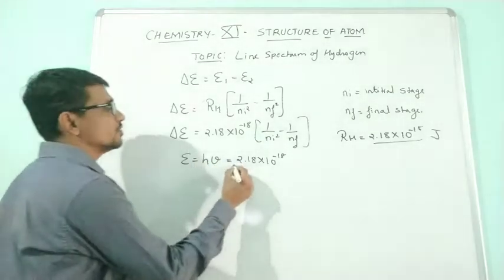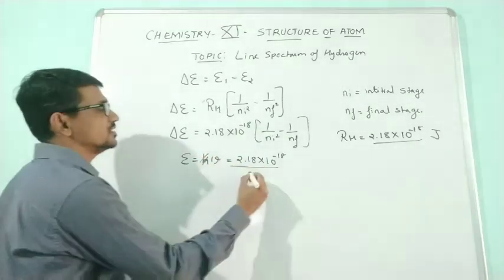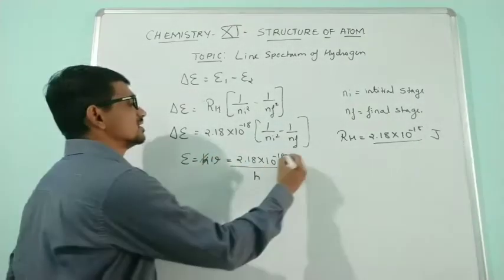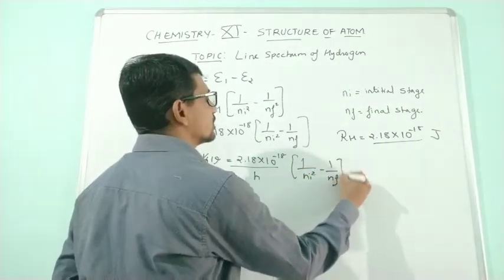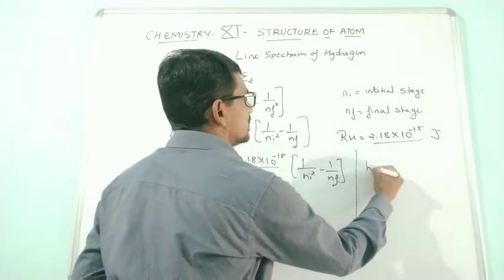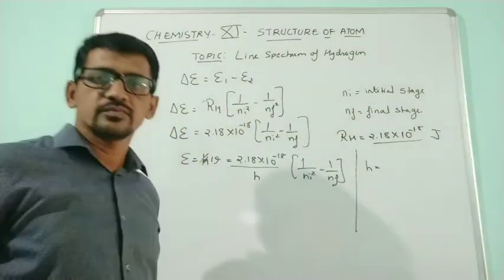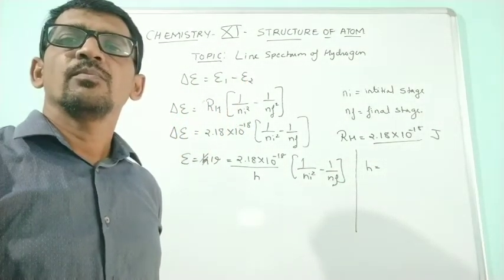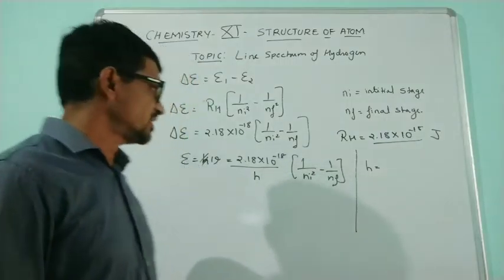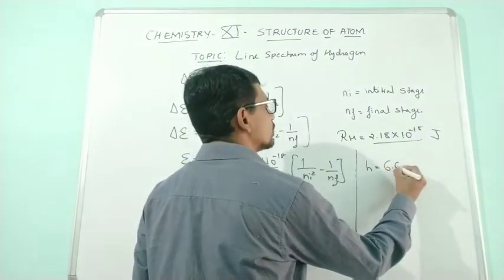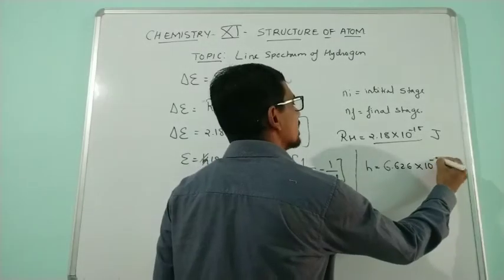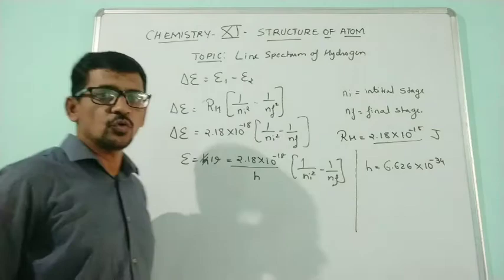If you divide by h, the h cancels, leaving 1 upon Ni square minus 1 upon Nf square, where h is the Planck constant. Its value is 6.626 multiplied by 10 raised to minus 34.